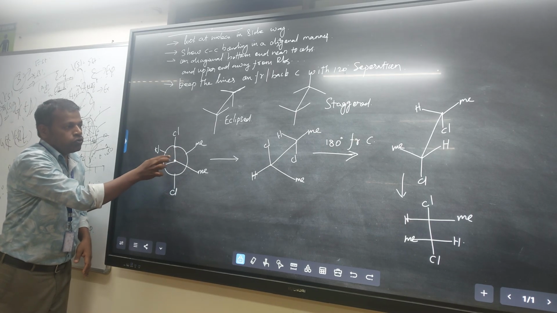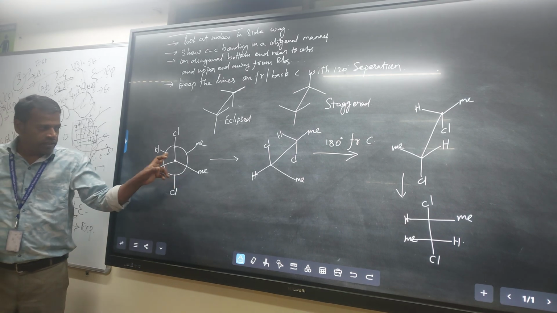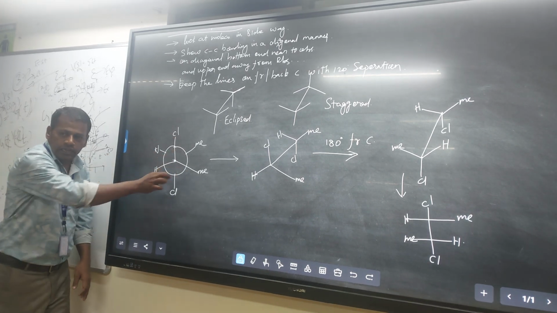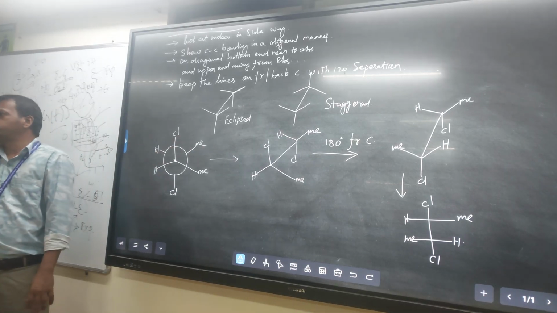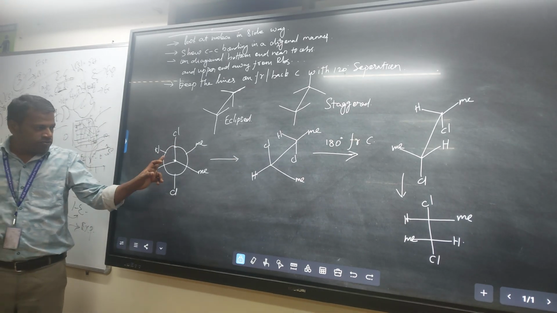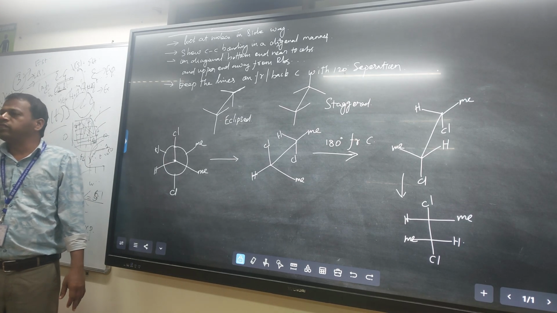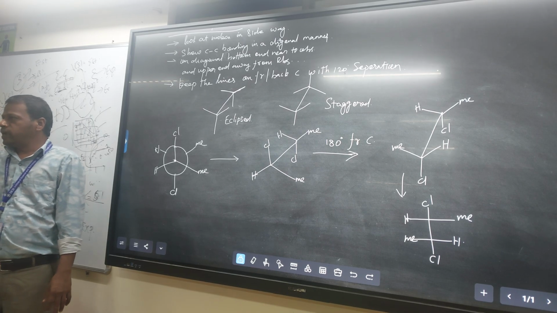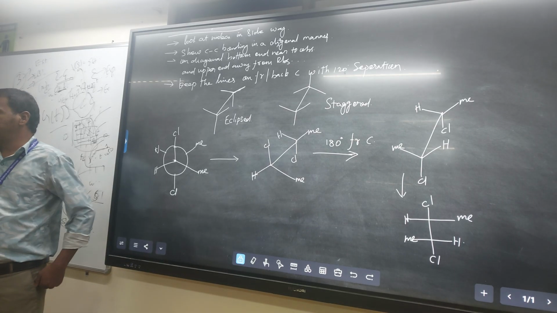This is 2,3-dichlorobutane. Methane has 1 carbon, ethane 2, propane 3, and one more is there, butane. At the second and the third position, chlorine is there, therefore 2,3-dichlorobutane. So they can give different molecules.